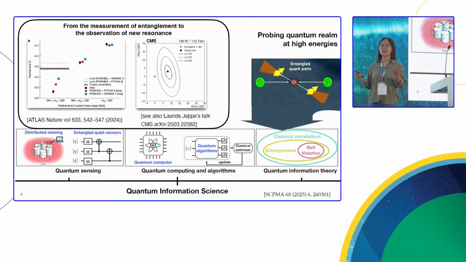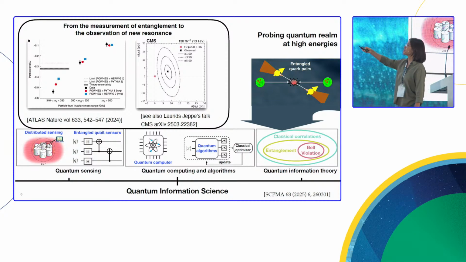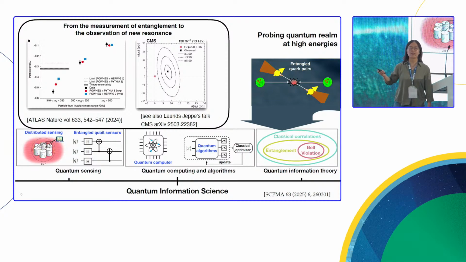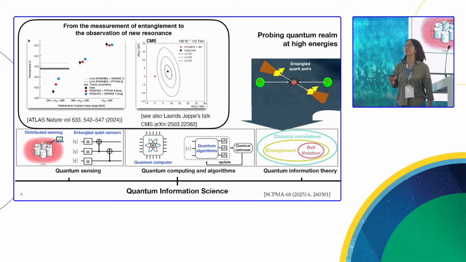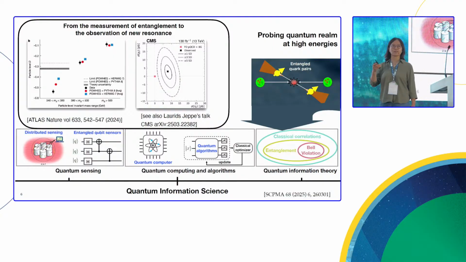I would like to highlight that this route, from quantum information science, leads to new observations of quasi-particles that have recently been observed by CMS and ATLAS. So we would like to emphasize that with quantum information at colliders, we push the new frontiers of probing, for example, physics beyond the standard model.